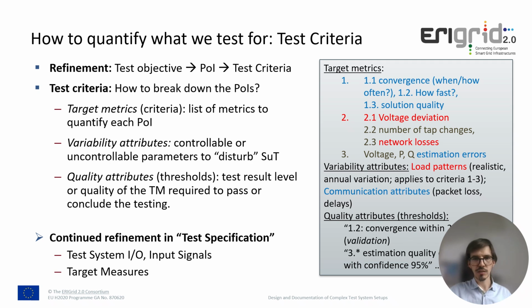We are actually suggesting to break down the test criteria into target metrics, so the actual measure of performance of a test, variability attributes, we could also call that variability factors or uncontrollable parameters, things that disturb the test or make perturbations that will enlighten the test results. And finally, the quality attributes. So these are properties that we can assess about the test quality.